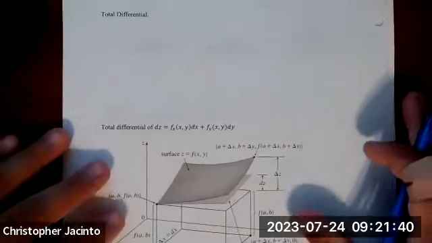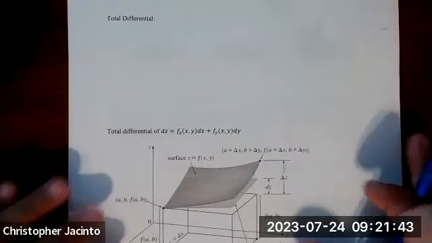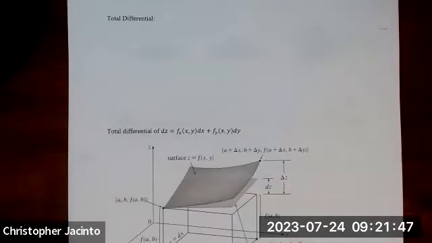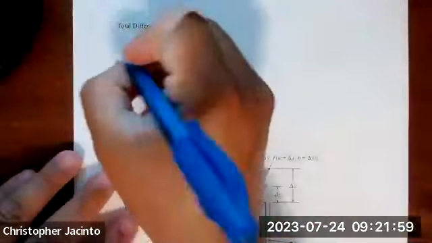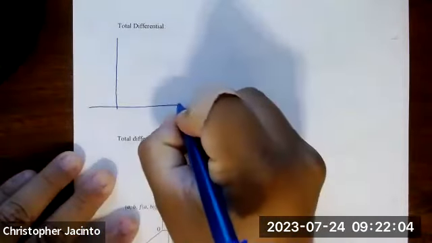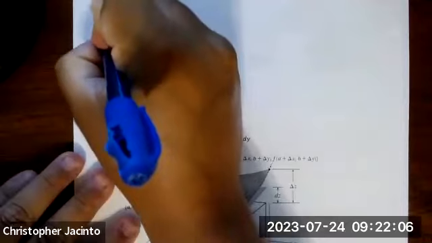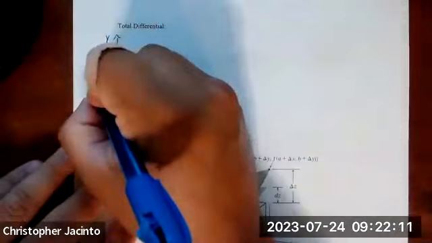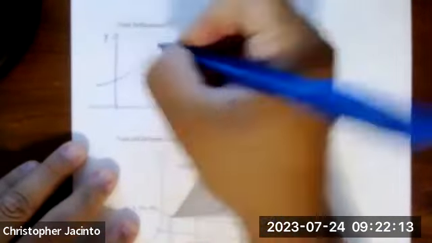Now we have something called total differentiable. Total differentiable basically means that the derivative is independent. So for example, let's suppose I have a curve in 2D.